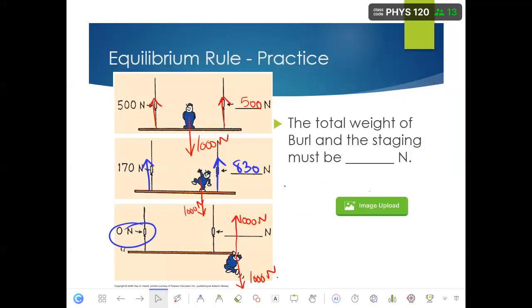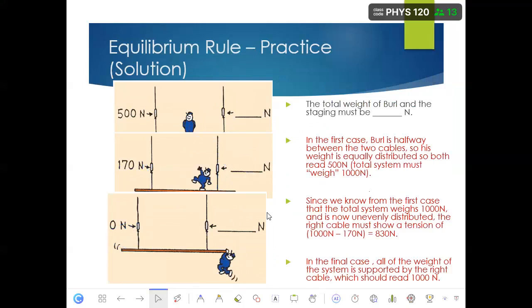It becomes 0. Okay, so most of the groups got the right answer. I'm just going to show it with details. And if you want the explanation, it is explained on the next page.